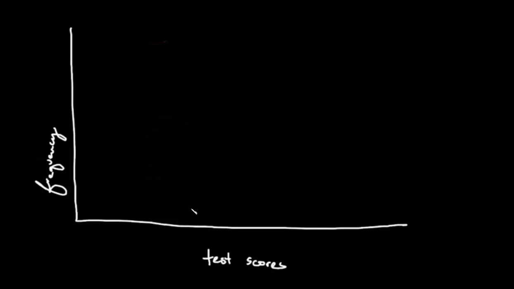If our average score for kindergartners is represented, let's say right here, and our average score for juniors is here. So kindergartners have a higher score. Let me make a little key here for that.